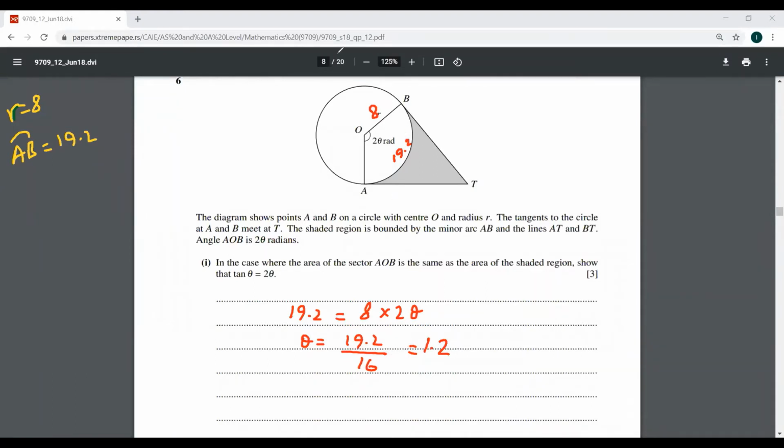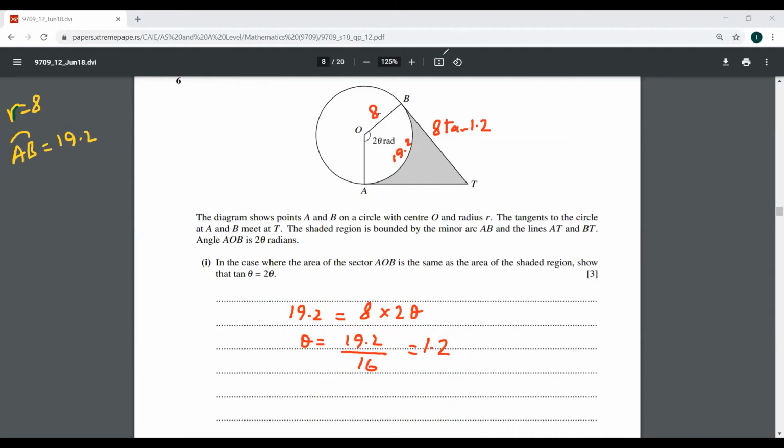We have already seen that this side was r tan theta in the previous part. So this is going to be 8 tan theta, that is 8 tan 1.2. So we have to find the shaded part's area. Theta is already with us.